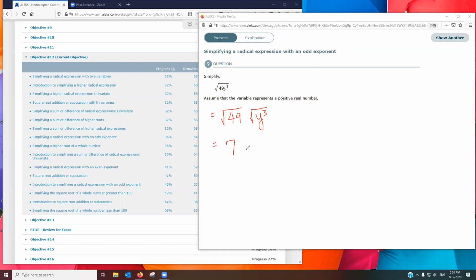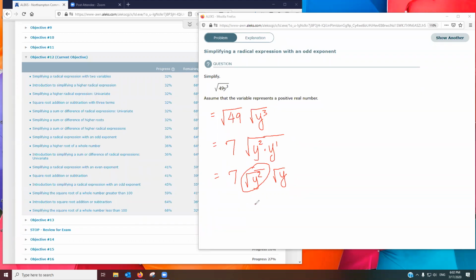Now, for the square root of y to the third, remember, you'd like to get y to an even exponent out of that. So I'm going to rewrite y to the third as y to the second times y to the 1. Now, I'm going to break this up into two separate square roots. It's going to be the square root of y to the 2 and just the square root of y. But the square root of y to the 2 is asking you what quantity times itself equals y to the 2.